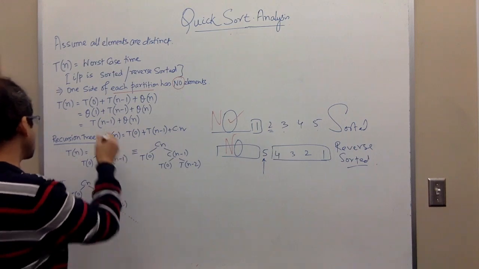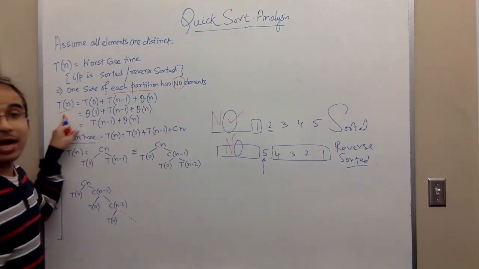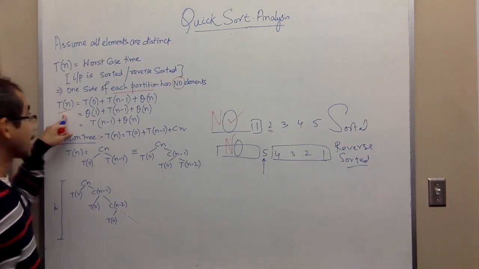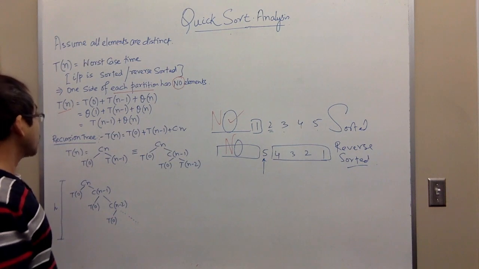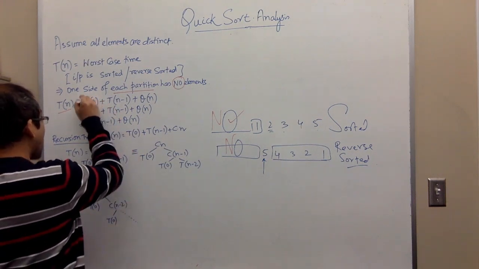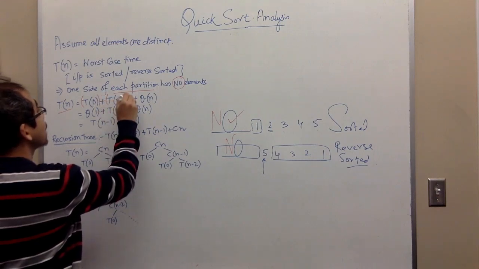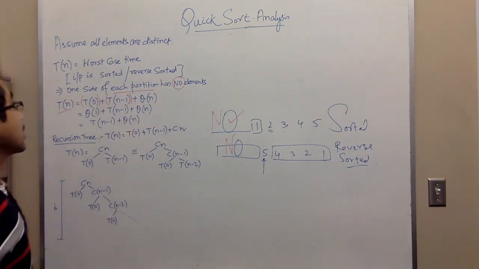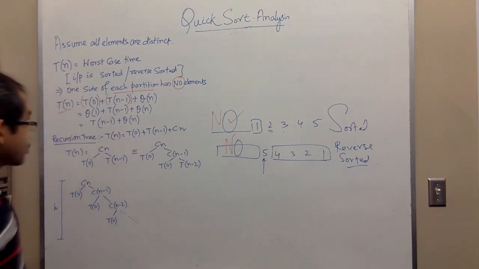If we write the recurrence relation, T(n), the time of running quicksort on n elements, the input size: one side of the array will have 0 elements and the other side will have the remaining n minus 1 elements, without considering the pivot element.